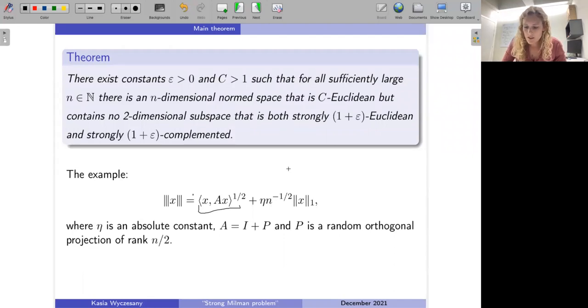Let me just address one thing immediately. Since this norm is really similar to a norm whose unit ball is basically an ellipsoid, it is really 1-Euclidean in the sense of Banach-Mazur distance. This example does seem like a very bad example to consider when you want to attack the original question.